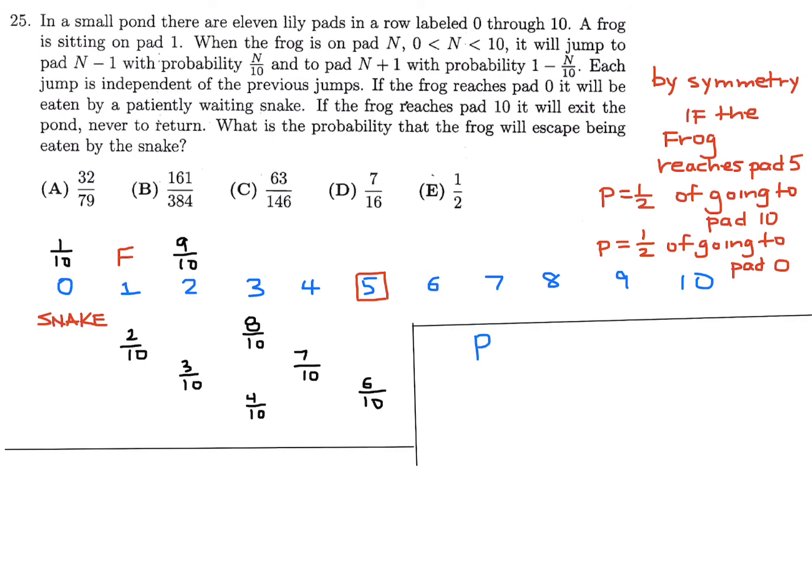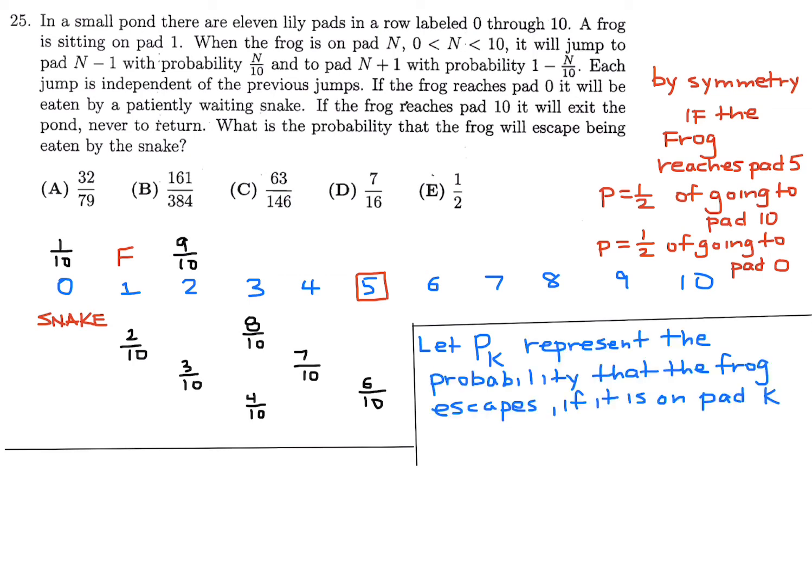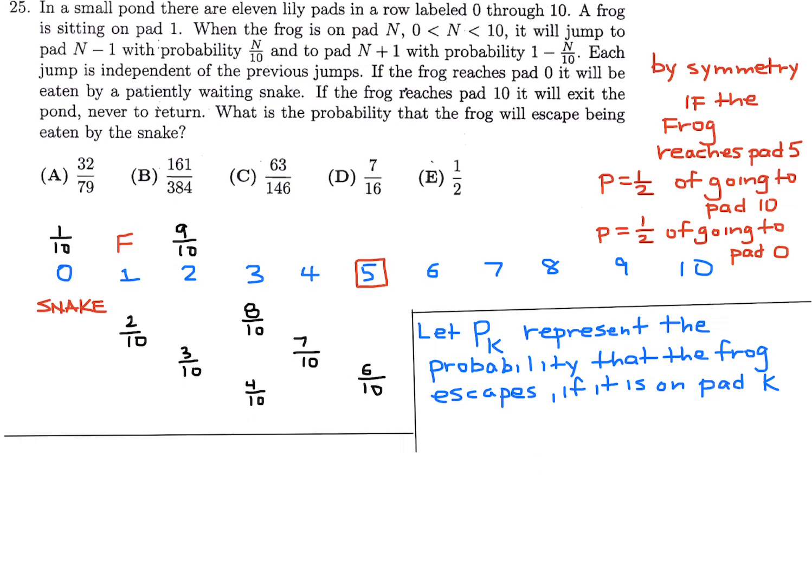Let's give a definition first. Let Pk represent the probability that the frog escapes if it is on pad k. Based on that definition, P1 is equivalent to 9 over 10 P2, because for him to go from pad 1 to pad 2, the probability is 9 over 10.